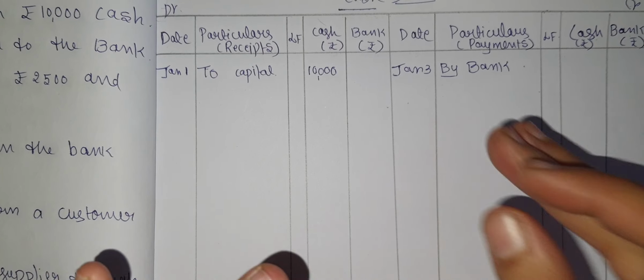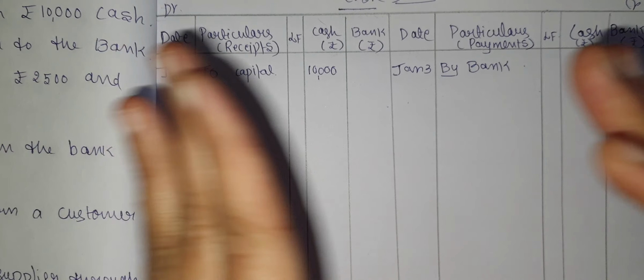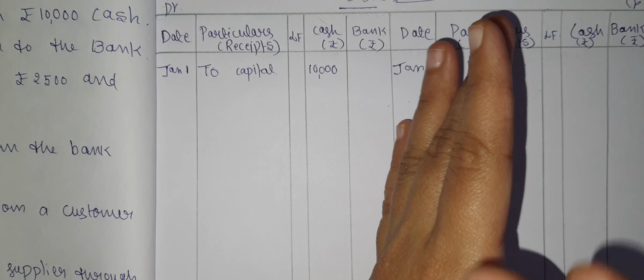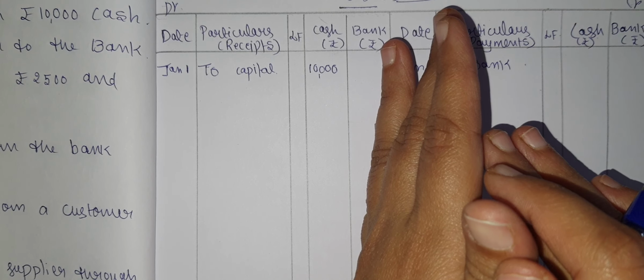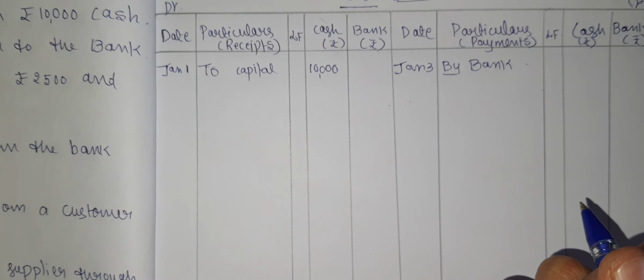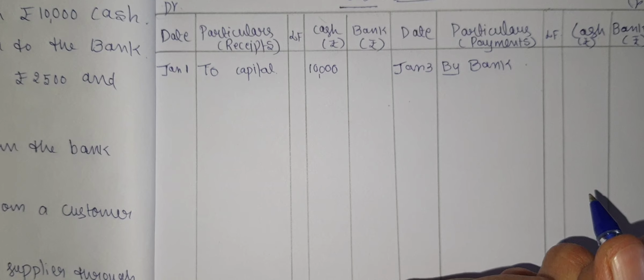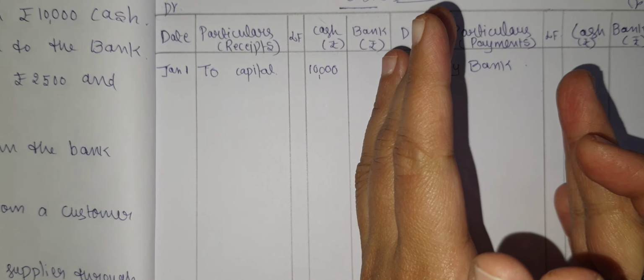When cash is deposited into the bank means what? Here the business is transferring money out of their cash account. Means here there is a decrease in the cash balance of the business.